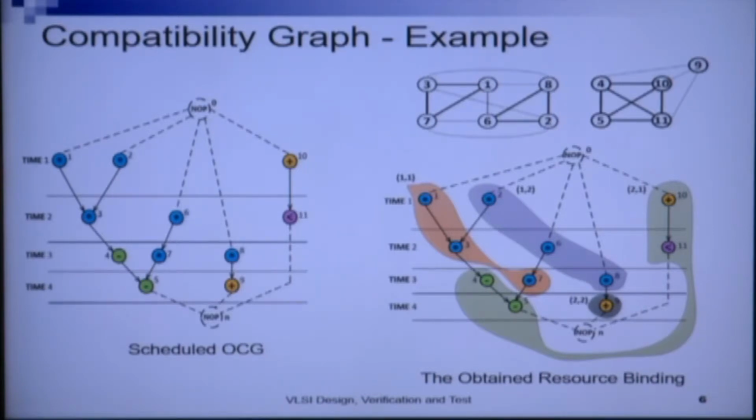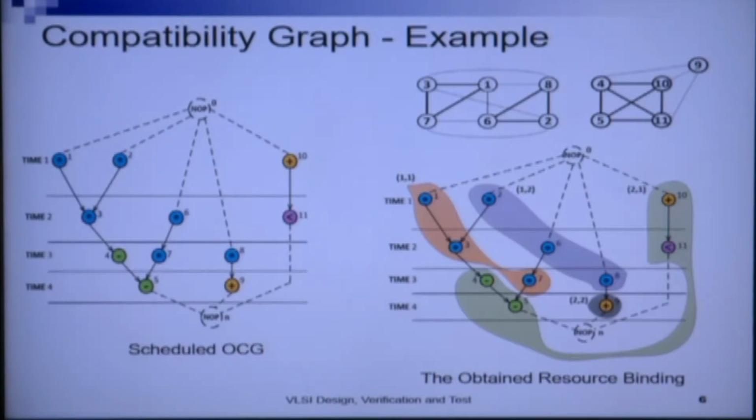Now, as an example of the actual resource binding that we can obtain here is this. We have one multiplier, let us say multiplier instance 1, used to schedule operations 1, 3 and 7, which are in the same click. Again, another multiplier, multiplier 2, is used to execute operations 2, 6 and 8 in time steps 1, 2 and 3.